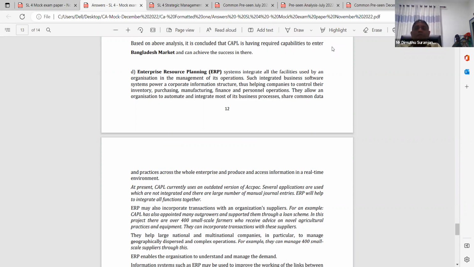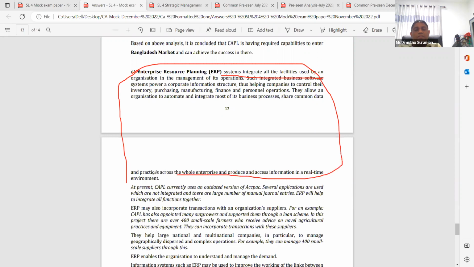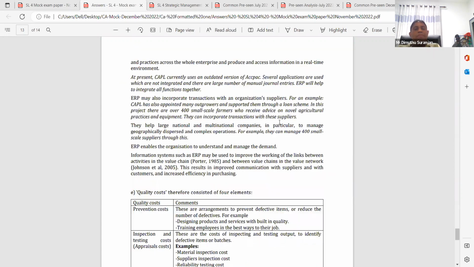So if you look at the first para given here, it indicates all that is used by the organization. This is the theory part, extracted from the study facts. Then the scope of the applications.